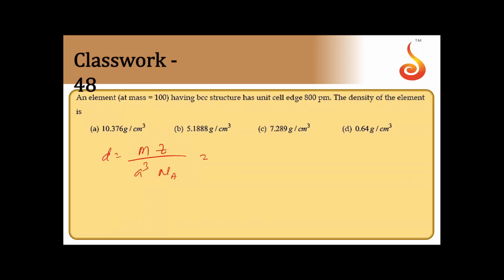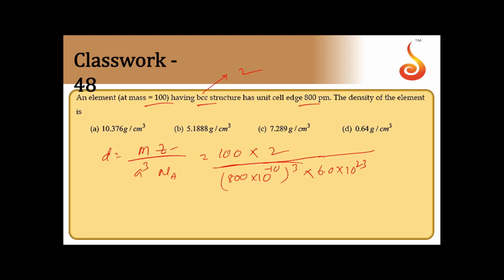M is the atomic mass, Z is the number of atoms per unit cell, given as BCC structure, BCC will have 2, by a cube, that is the edge length 800, which I am converting. Take the cube of this, into Avogadro's number. Finally, at the end of simplification, you are going to get 0.65, so nearly it is 0.64.